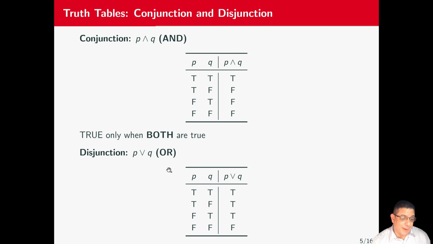The opposite happens with the OR. The OR is only going to be false when both of them are false. So only in the case when P and Q are both false, the OR is false. You can think of the conjunction as like having a half-truth. When you're saying something that is true, but then you say a lie, then the whole thing becomes a lie because just one piece of it is a lie.